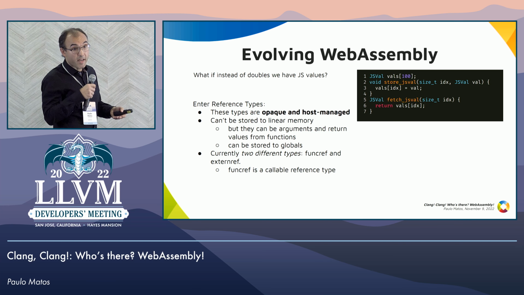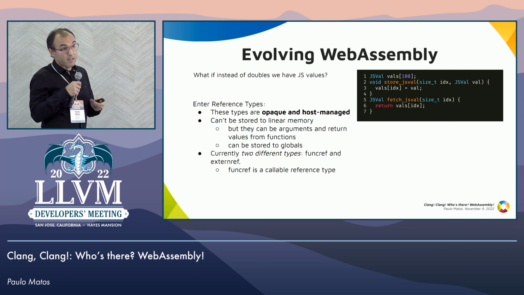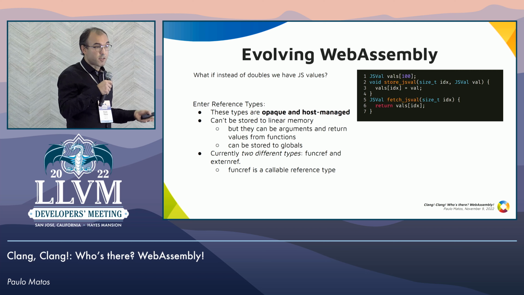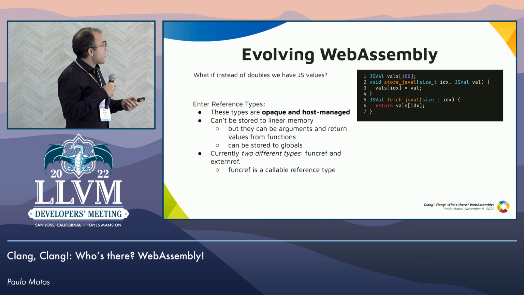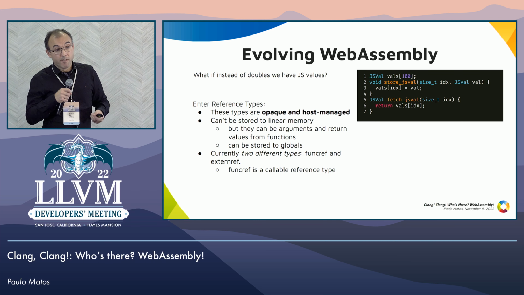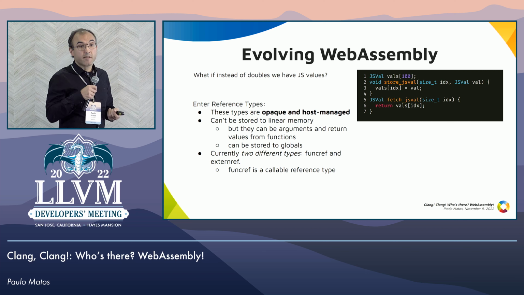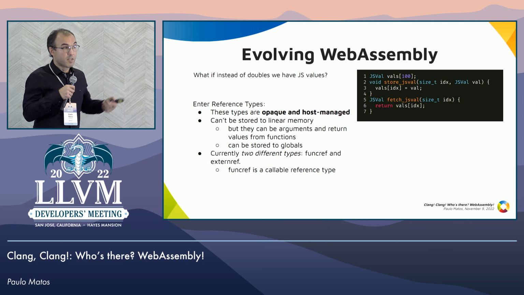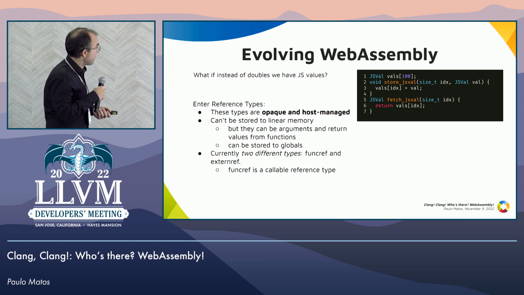First, they are opaque and host managed, and even though they can be arguments of functions and return values of functions, and can be stored to globals, they cannot be stored to linear memory, because they don't have a bit representation in memory, so you cannot just store them to linear memory like, let's say, an integer or a float, etc.